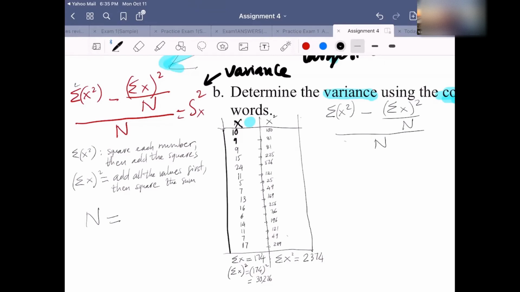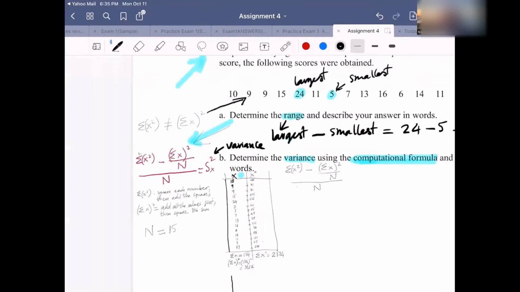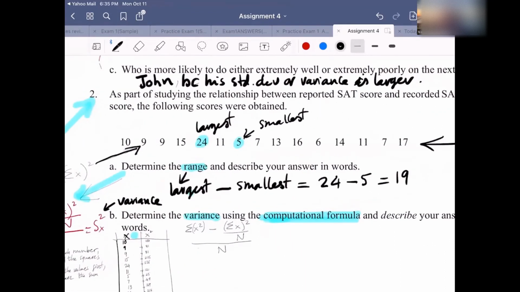All right, Vanessa and Evelyn got the same thing too. You look at the data set and count the data values like this, and how many data values there are would be n. So in this case, there are 15 data values, so the n is 15.